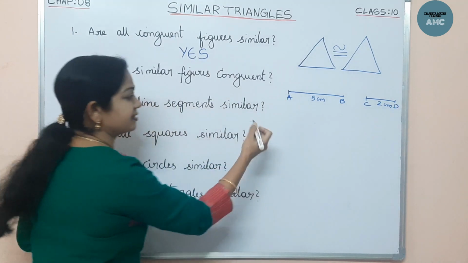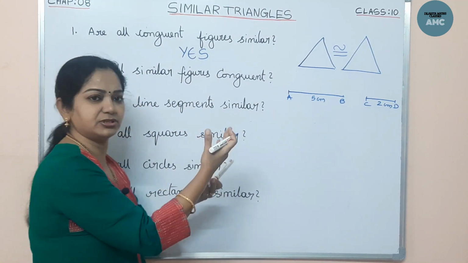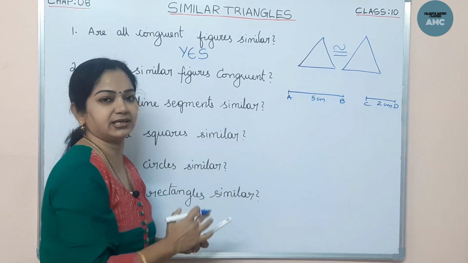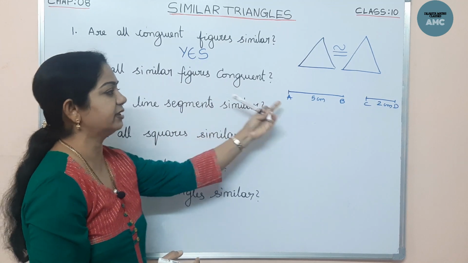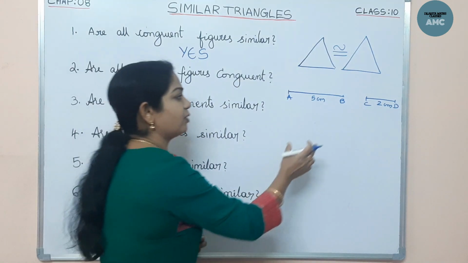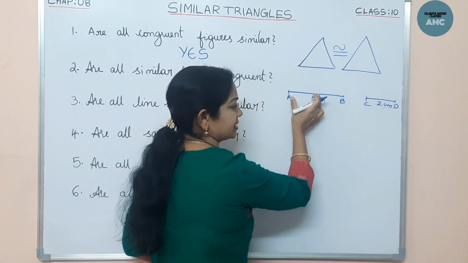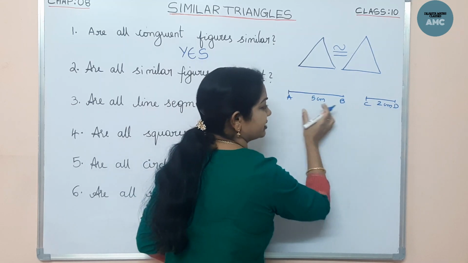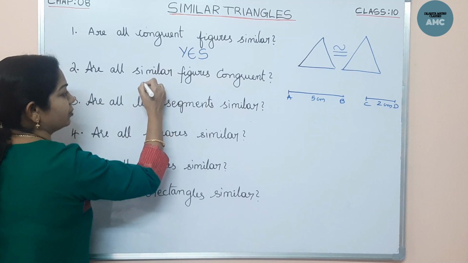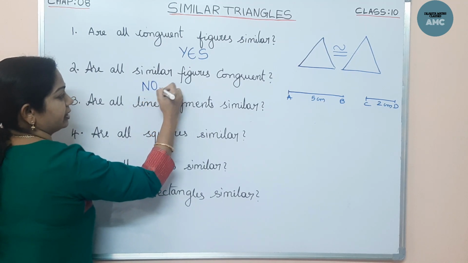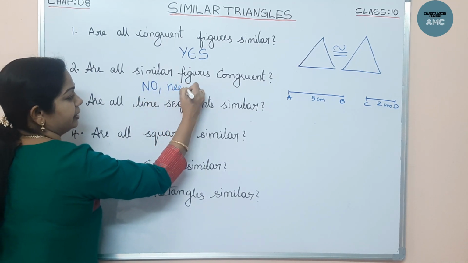I tell these are similar because they have the same shape but need not be the same size. So are all similar figures congruent? They are not congruent because if I overlap this on this, it doesn't exactly fit. That means they do not have equal sizes. So no, they need not be.